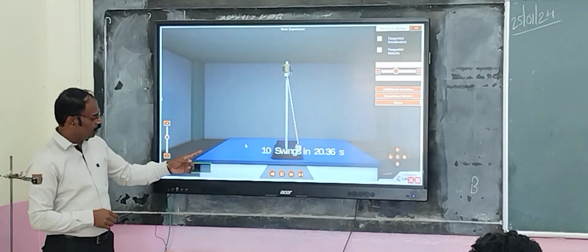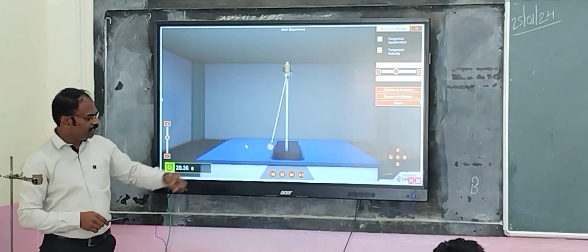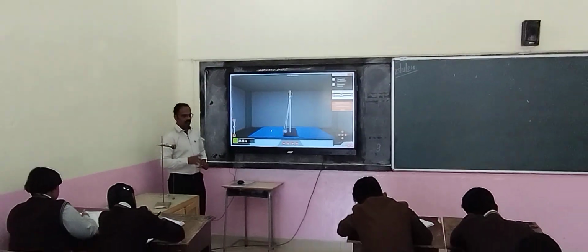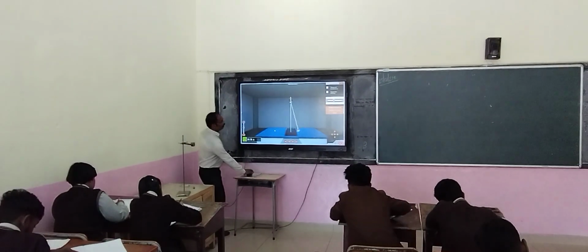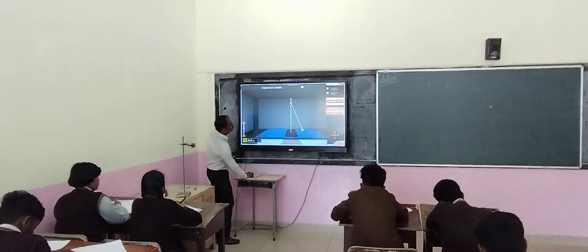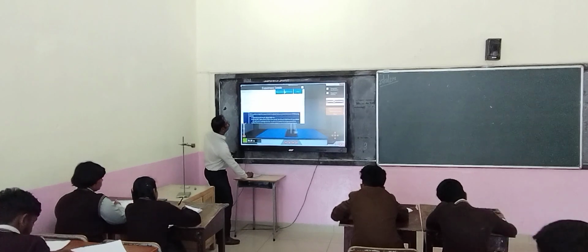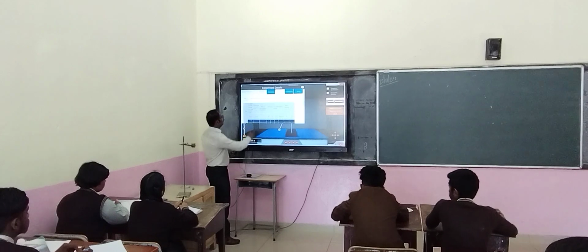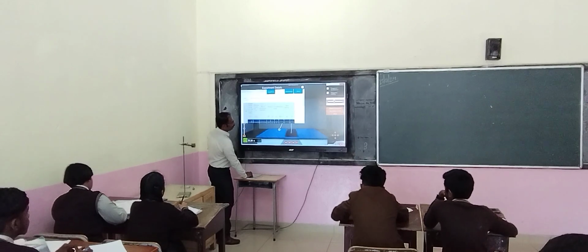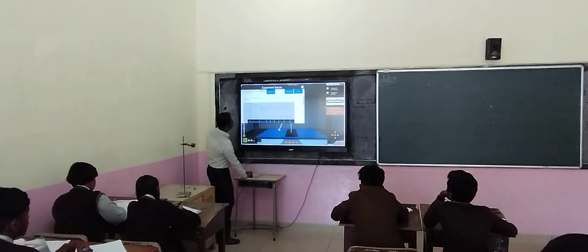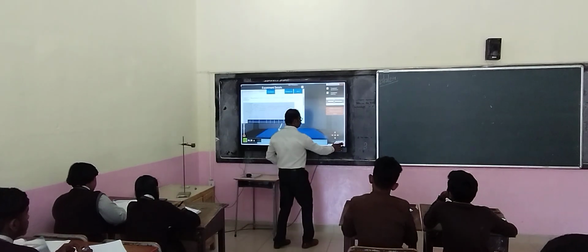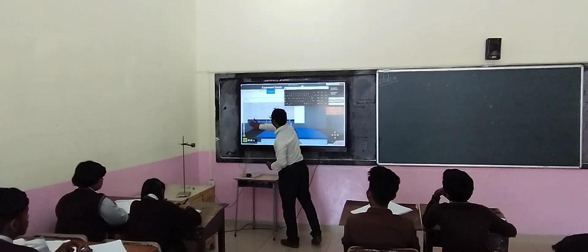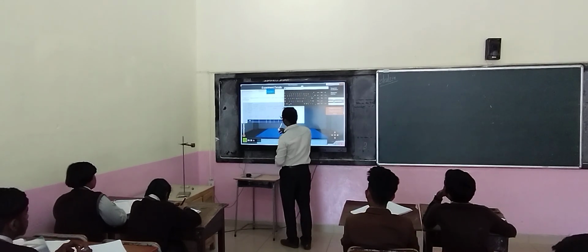Okay, so please note this value. For 10 swings you get 20.36 for the first observation. So here we have to note this. In the observation, here we have to enter the value. Length of the string is 95 centimeter.